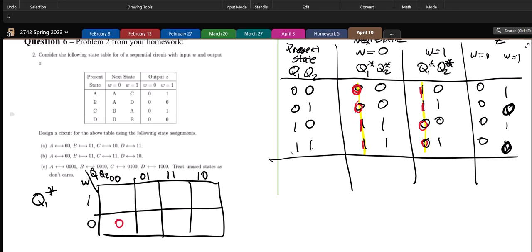When Q1, Q2 is 0, 1, and W is 0, it's 0. And when Q1, Q2 is 1, 1 or 1, 0, and W is 0, then I have 1.